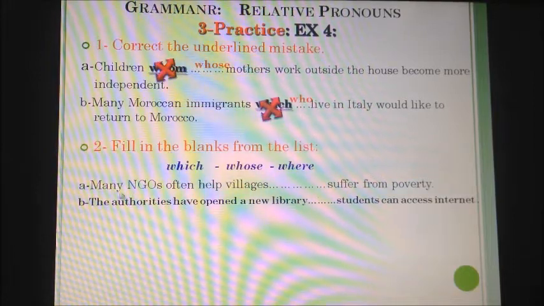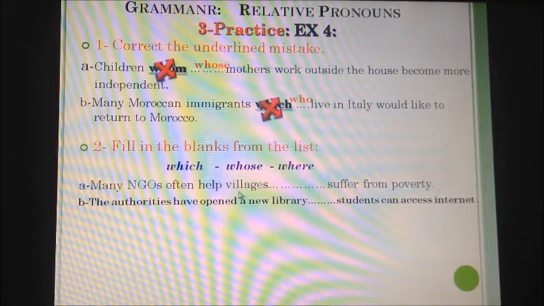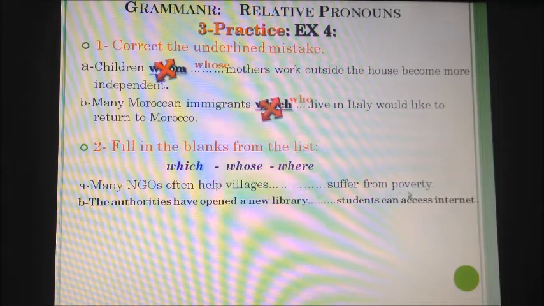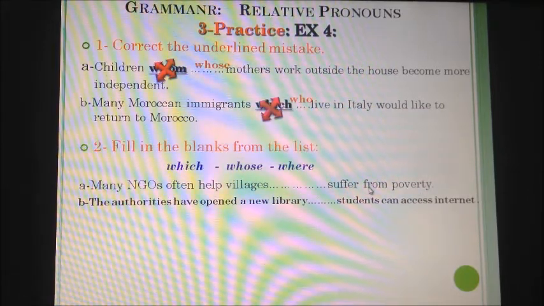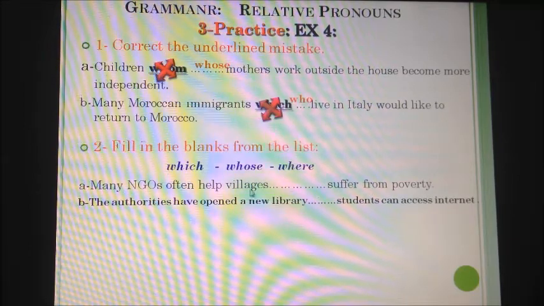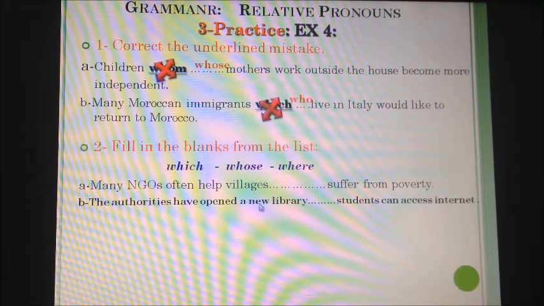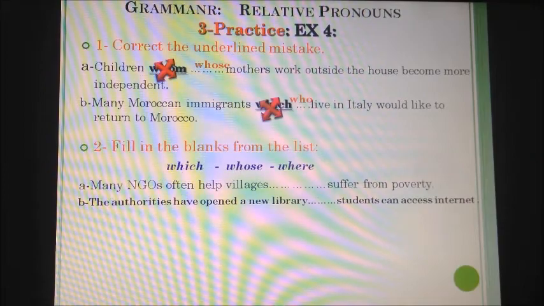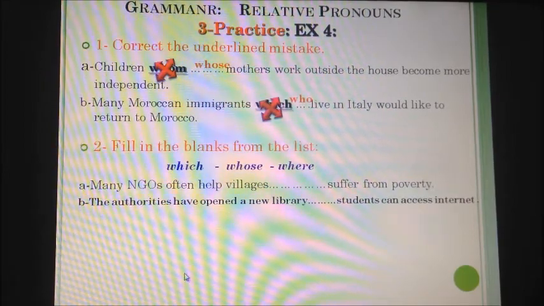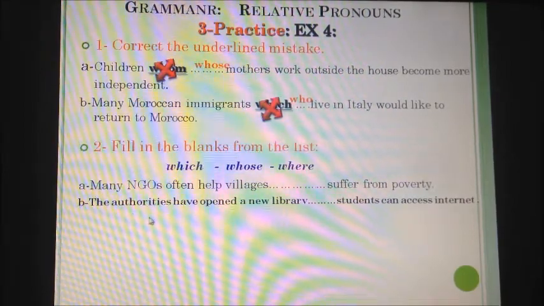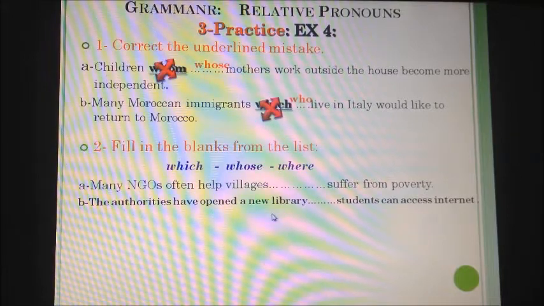First example, many NGOs often help villages suffer from poverty. It's the villages that suffer from poverty. Okay, so here villages are not people. Look at the exact correct one. The second one, the authorities have opened a new library.